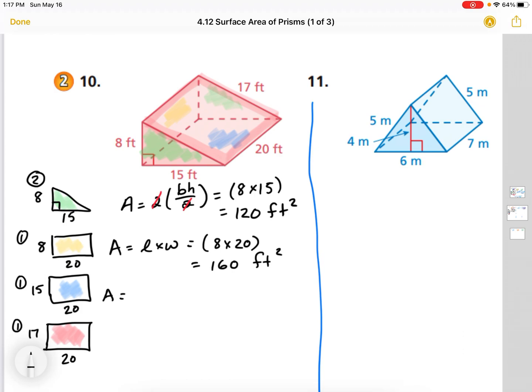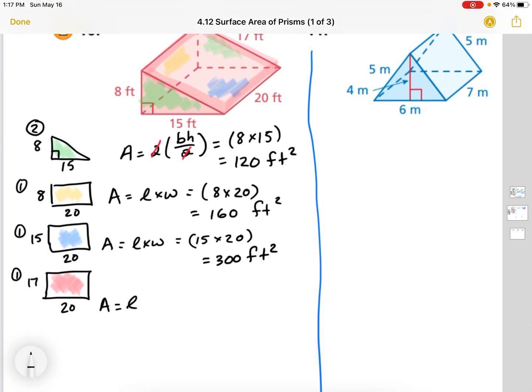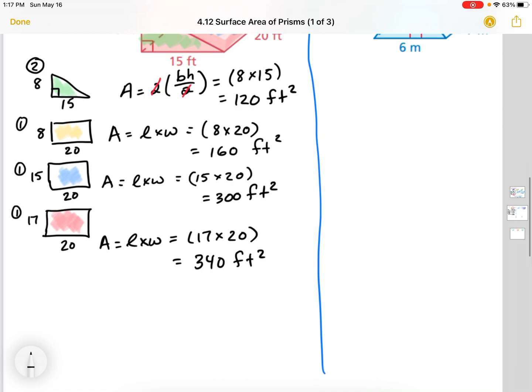And then here I have length times width, which is 15 by 20. 15 times 20 is 300 feet squared. And then finally, length times width is 17 by 20. So 17 times 20 is 340 feet squared. Now, that's a lot of work.